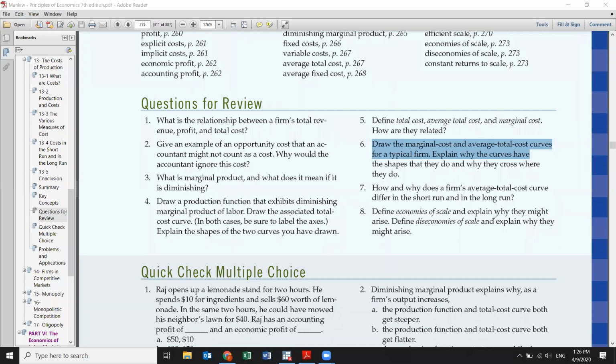And defining economy of scale and diseconomy of scale. So we said economy of scale exists when the long run average total cost decreases as the quantity of output increases, which occurs because the workers are more specialized. Diseconomy of scale exists when the long run average total cost increases.